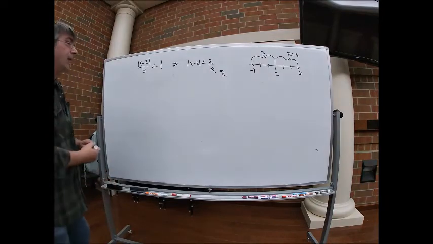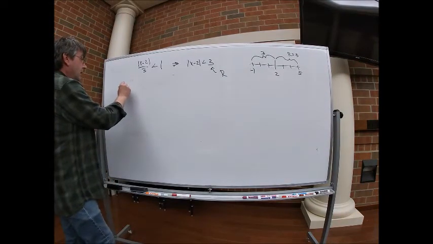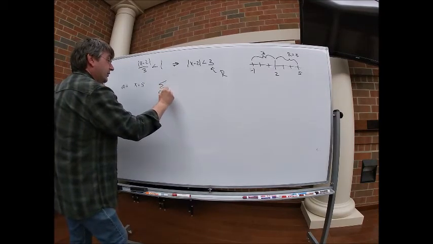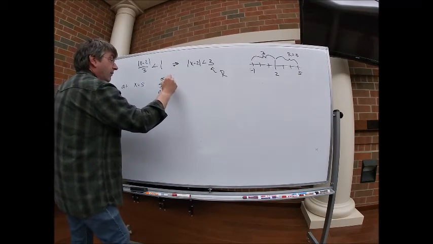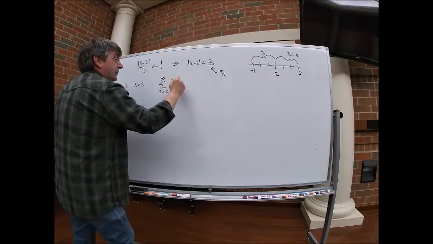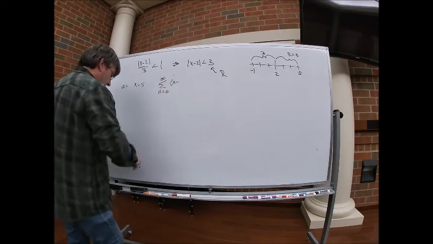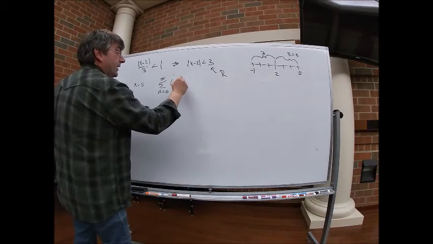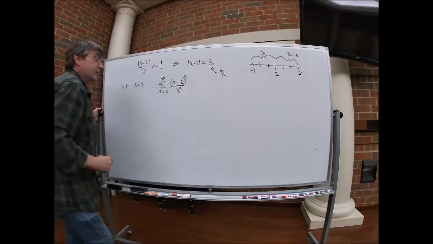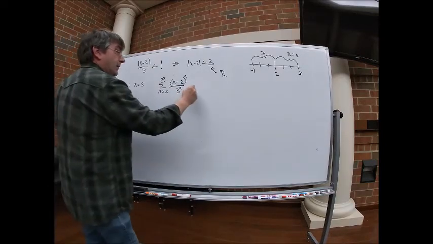So at x equal 5, we have the sum n equals 0 to infinity of, what was it, let me rewrite the series, x minus 2 to the n over 3 to the n, right? That was my series. So plug 5 in.